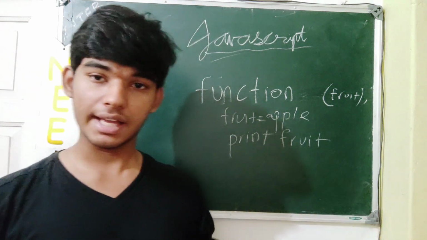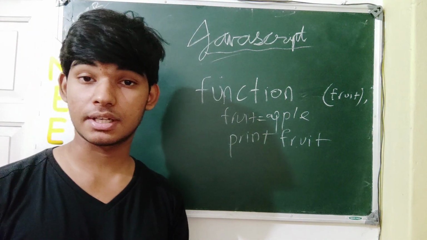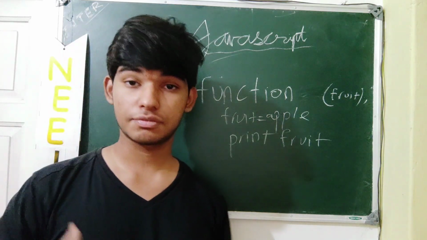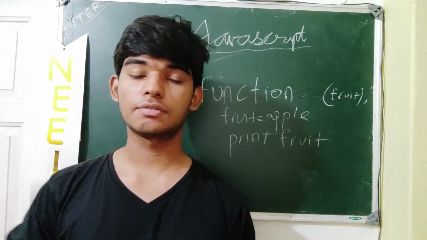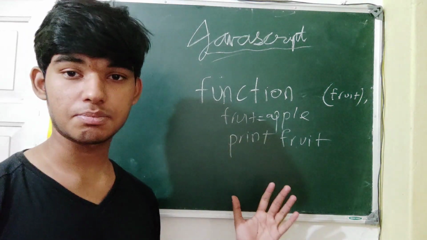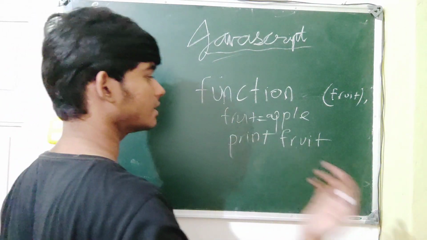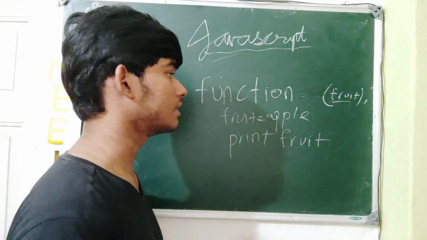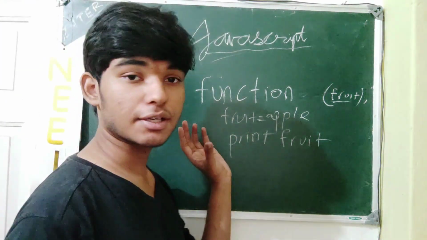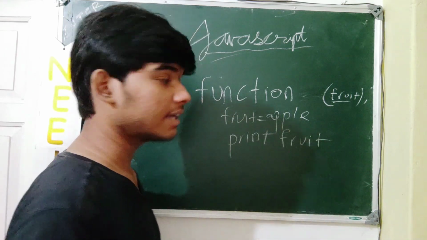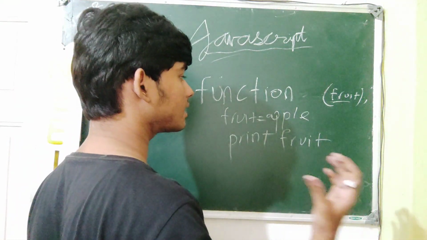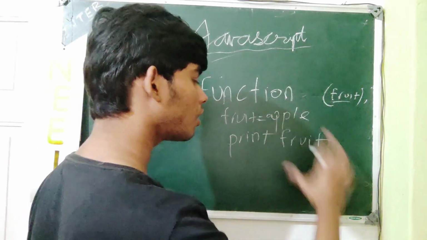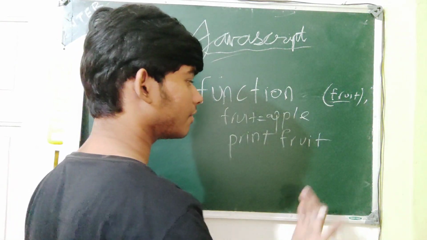Like I said, there isn't much of a difference between parameter and argument, but in terms of the JavaScript program, there is a difference. What you can call a parameter is the value that is written inside of the function block. On the other hand, an argument is the value that is being called out or brought back.